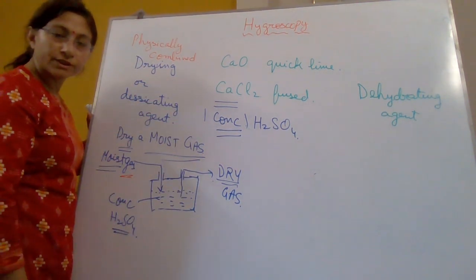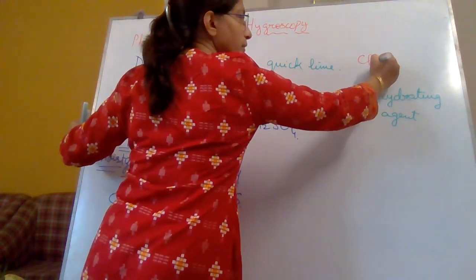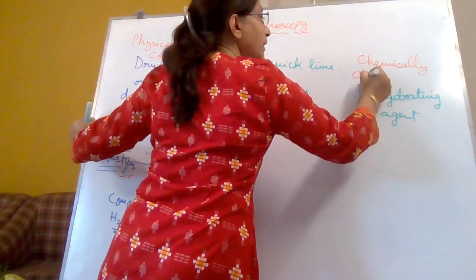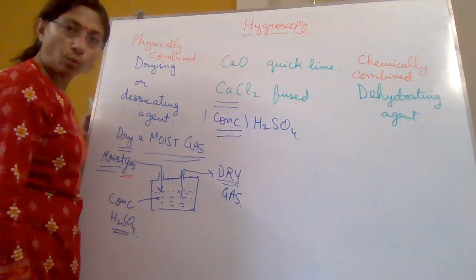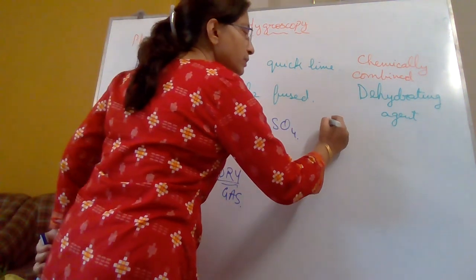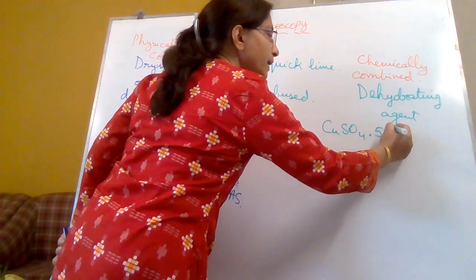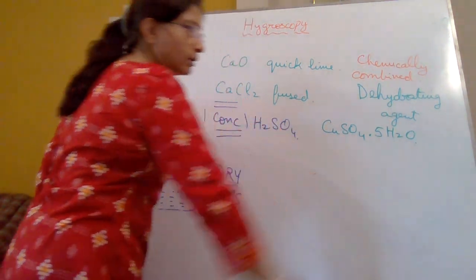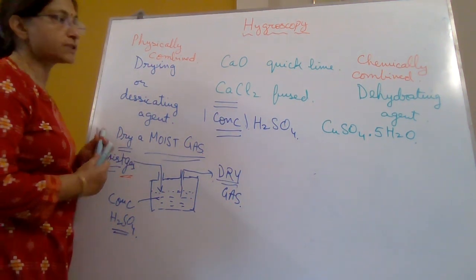However, a dehydrating agent is the one that is able to remove chemically combined water. How? Let's have an example. CuSO4.5H2O. Now this is a hydrated salt. You all know what water of crystallization is.